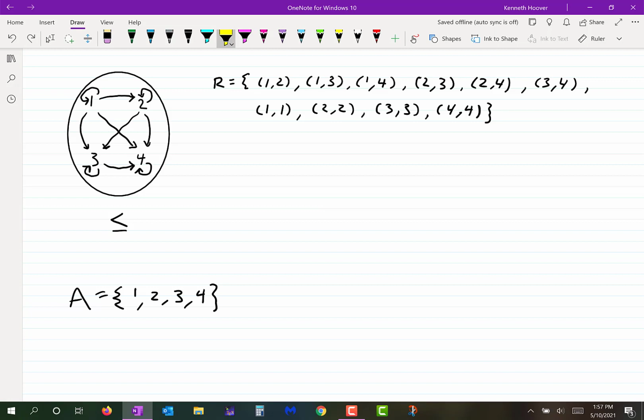Okay, once again, why do we use the word equivalence? If all I care about is less than or equal to, so let's say order, then I can say that the numbers 1 and 3 are not the same in my mind, because 1 comes before 3, but 3 doesn't come before 1.